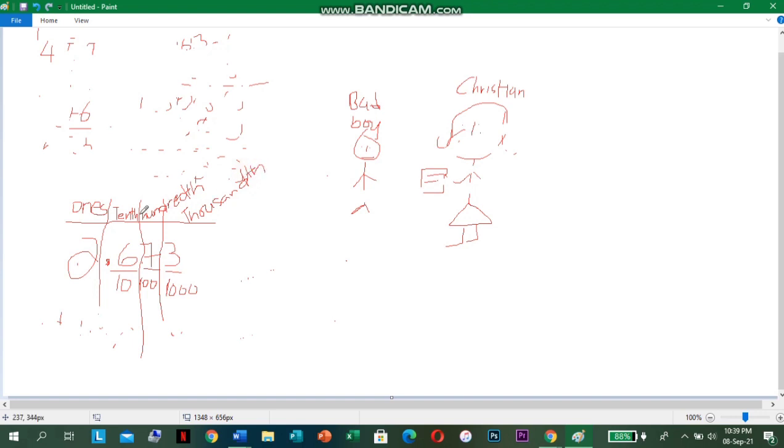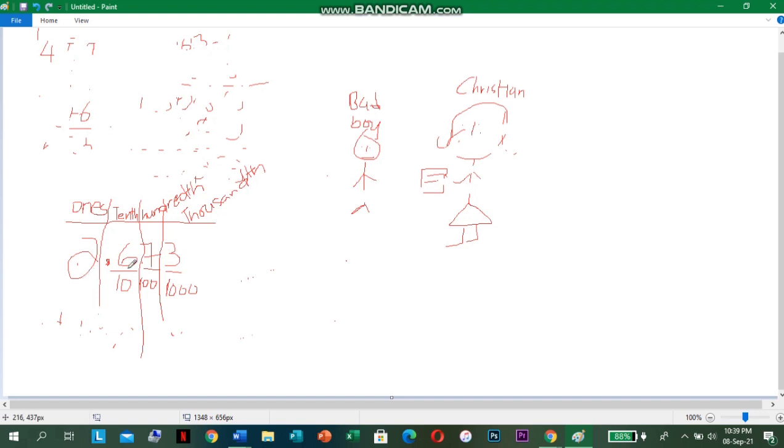So notice the th at the end of each word. 10th, 100th, thousandth. Put your tongue between your teeth and call the word. It's not tens, it's not hundreds, it's not thousands, but it's 10th, 100th, thousandth.